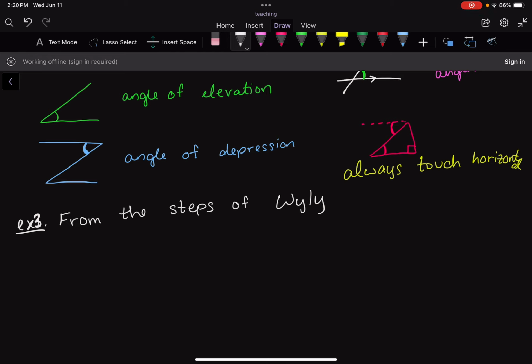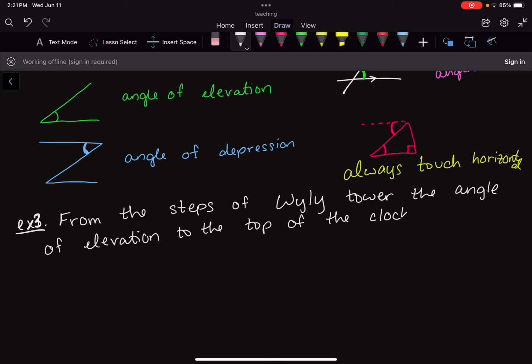Hopefully you think that's funny, but from the steps of Wiley Tower, the angle of elevation to the top of the clock tower is 30 degrees.